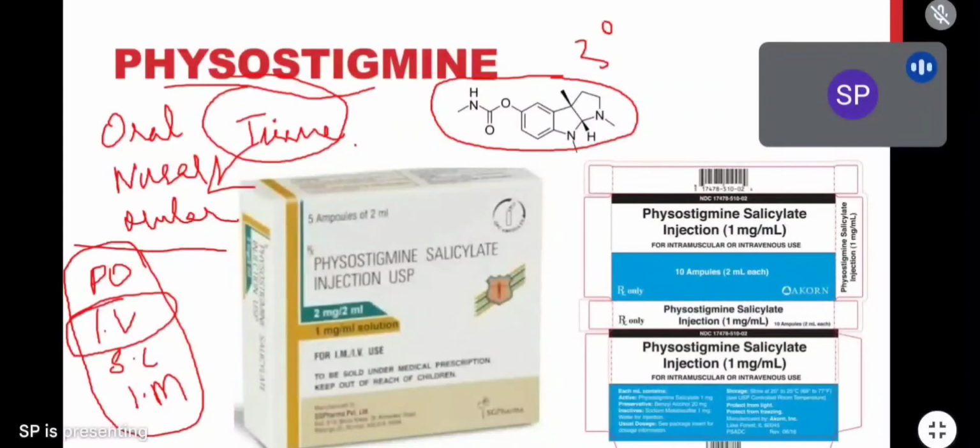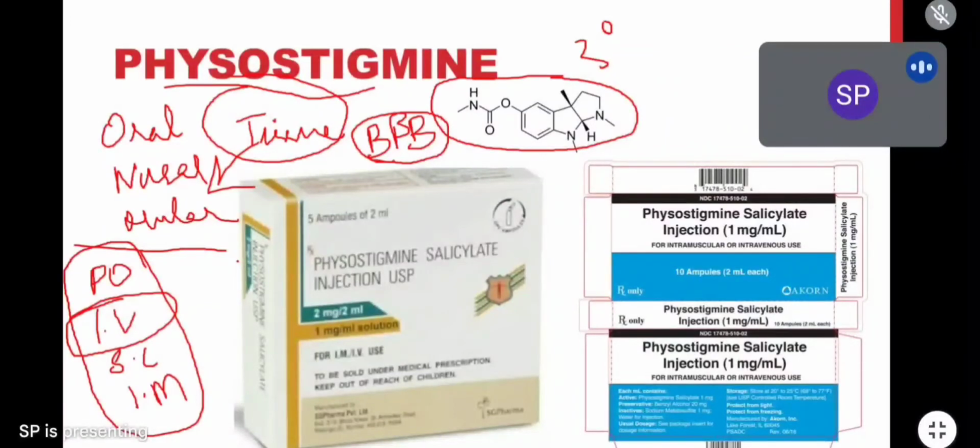And one more important point is it can cross the blood-brain barrier. Very, very important point. It can cross the blood-brain barrier. This is a very important point. So it has CNS actions also. So physiostigmine is absorbed from all the routes, and most of the time it is rapidly metabolized by the enzymes present in the blood as well as in the liver.